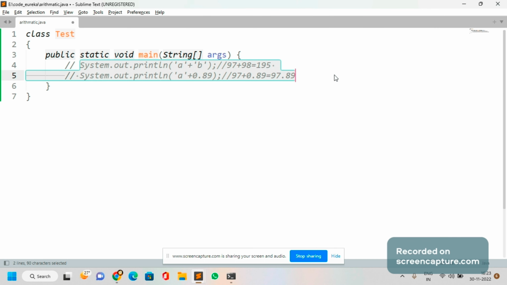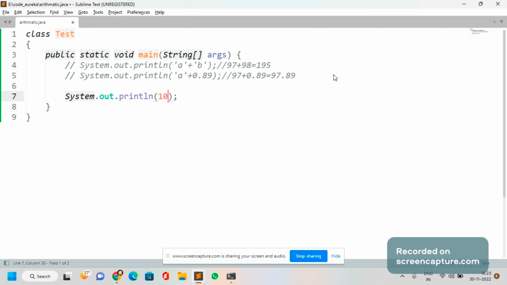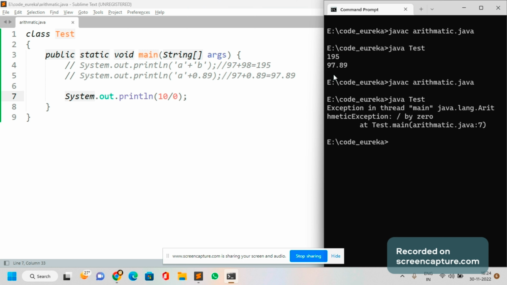Next print 10 divided by 0. We know non-floating point divided by 0 is an error. Now see in the command prompt, compile, then run. See, the error is ArithmeticException: divided by 0.